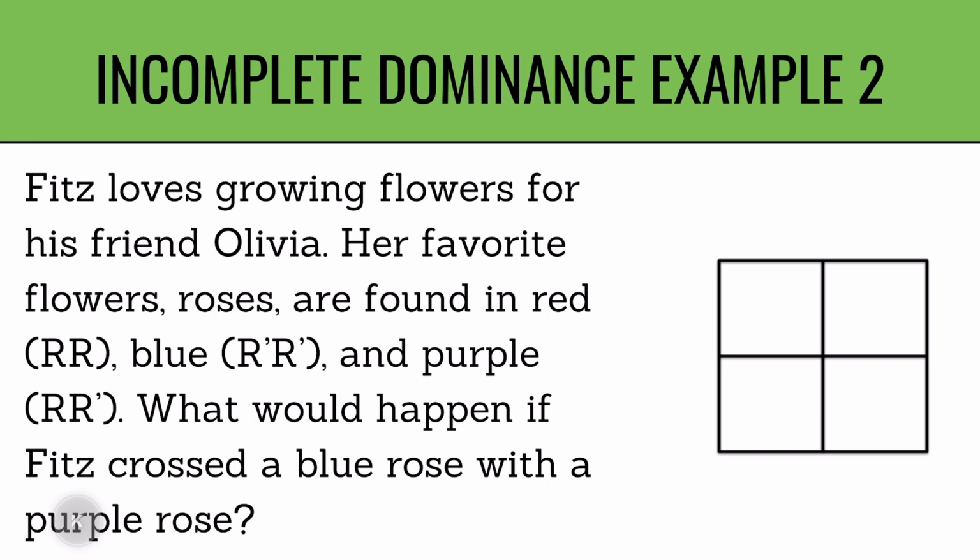So another example. Fitz loves growing flowers for his friend Olivia. Her favorite flowers, roses, are found in red, blue, and purple, which is a mix between red and blue. What would happen if Fitz crossed a blue rose with a purple rose, which is the combination, one of each?